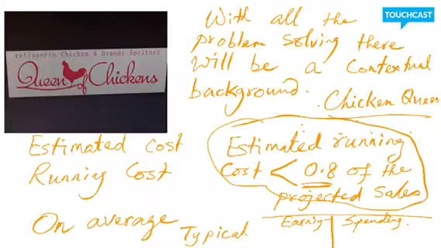So if we want to have a plausible, acceptable, viable business, we got to satisfy that particular criteria, which is estimated running cost should be less than 80% of the projected sales. So quite a few things we need to understand.